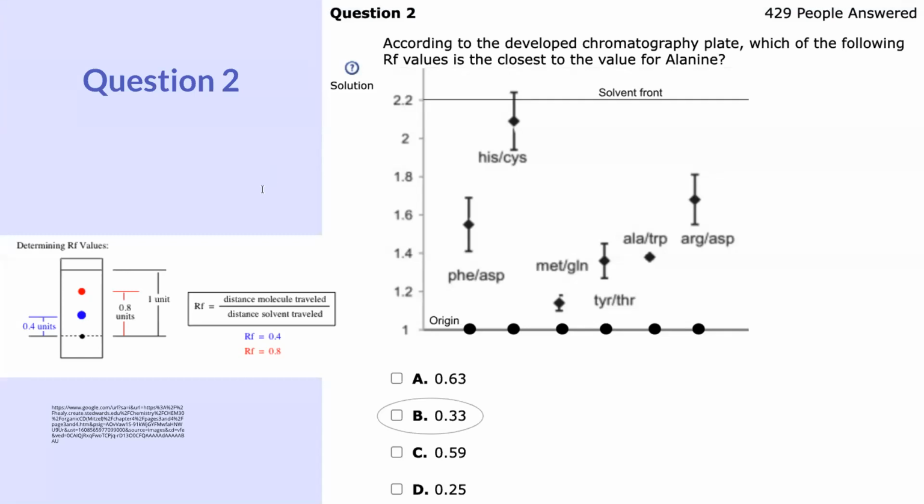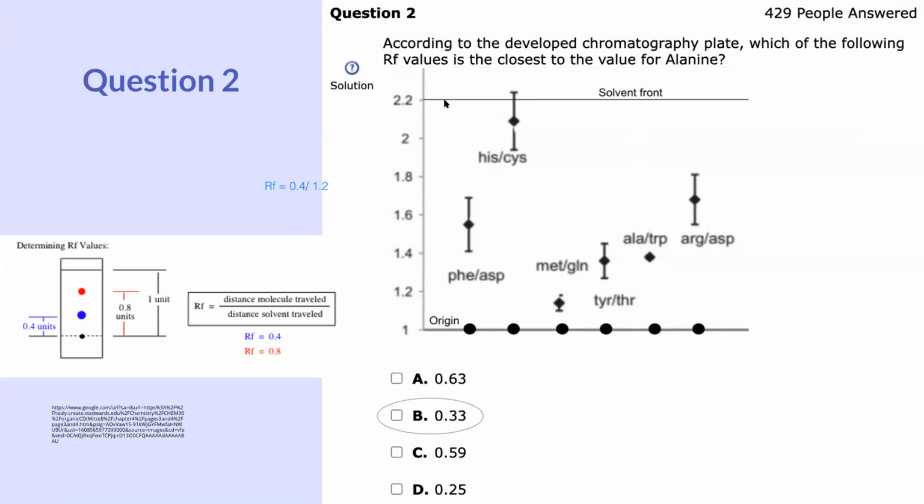Let me write this down for you guys. Okay, and that 0.4 is because 1.4 minus 1 is 0.4. That's the distance the molecule traveled from the origin. And then the solvent is all the way up here, and that's at 2.2.